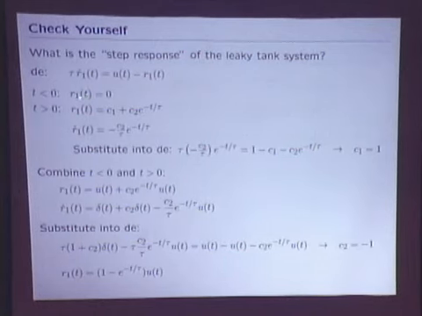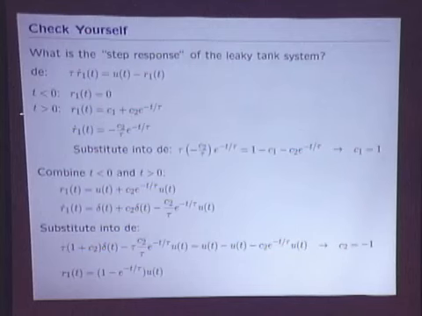For t less than 0, the answer is 0 because there was no input. It started at rest. For t bigger than 0, the input is 1, so you can get some answer for t bigger than 0. Paste the 2 solutions together by using unit step functions. Put the total answer back into the differential equation.